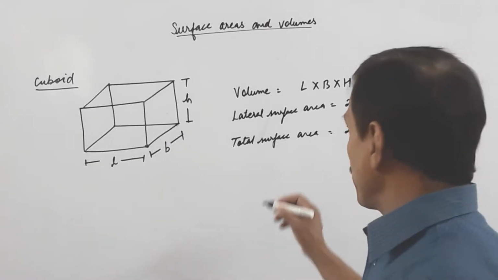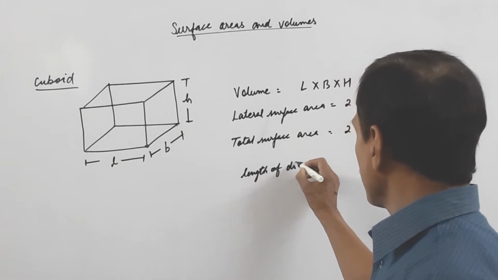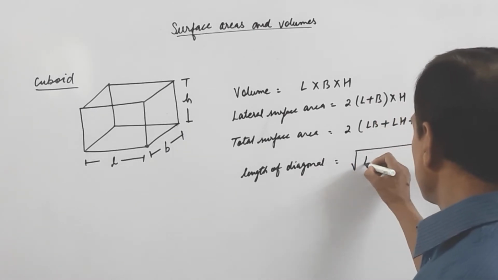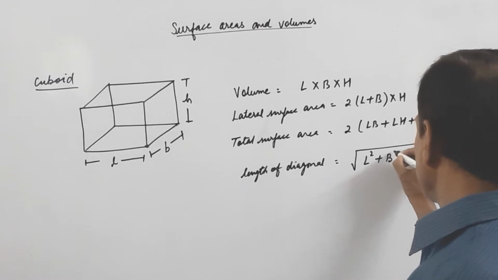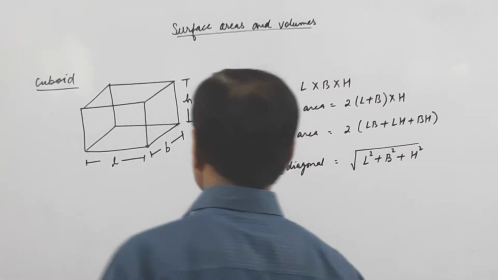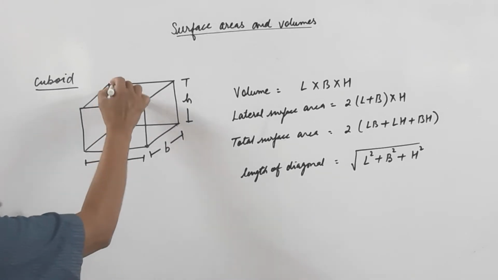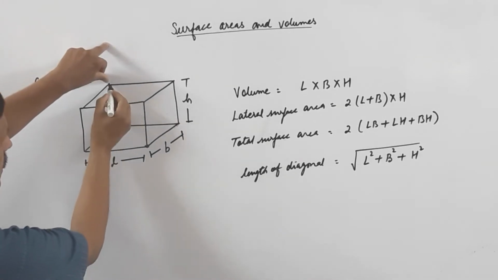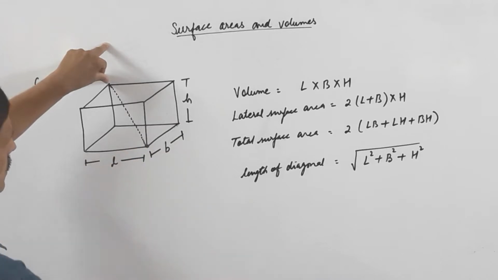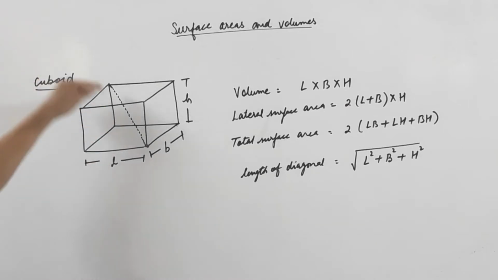Length of diagonal of cuboid is equal to root L square plus B square plus H square. The diagonal is the line joining this vertex to this vertex of the cuboid. So this is diagonal of the cuboid.